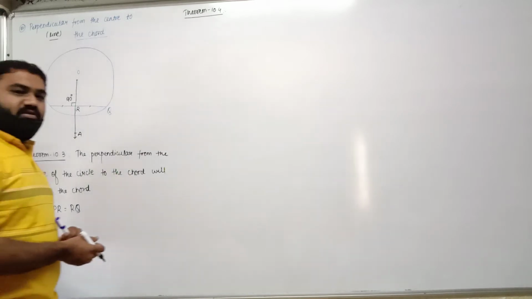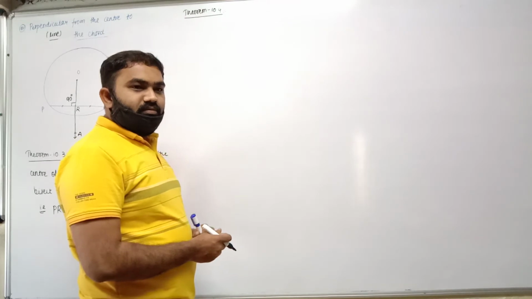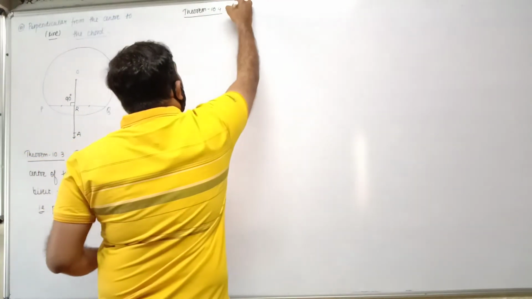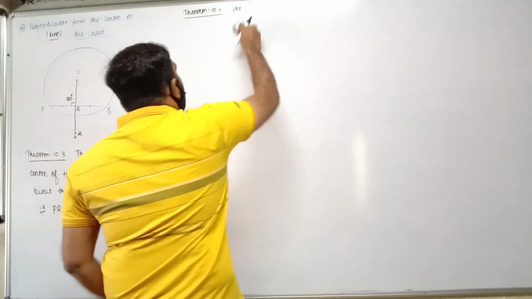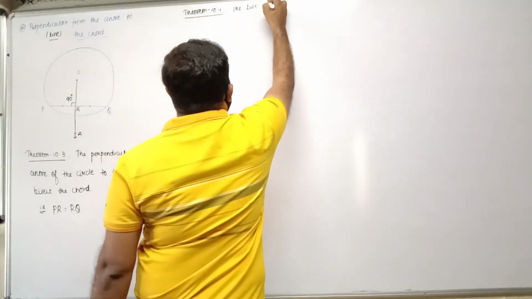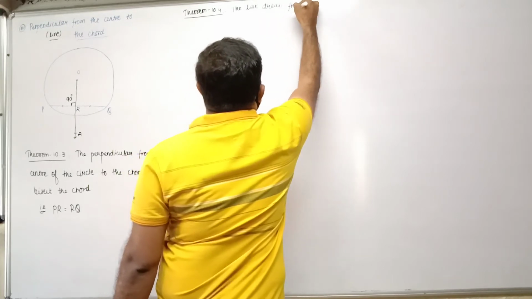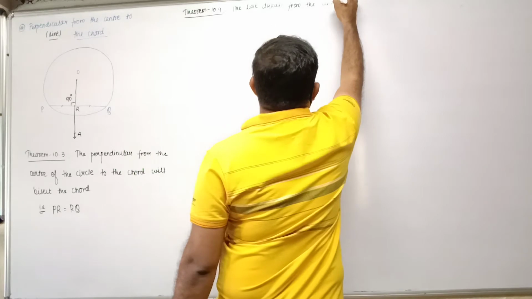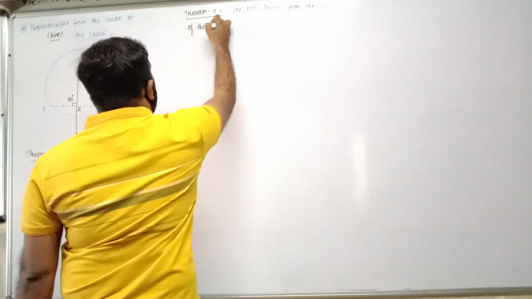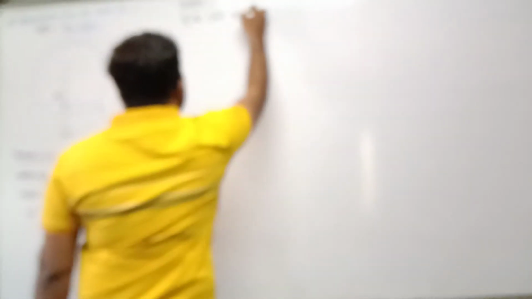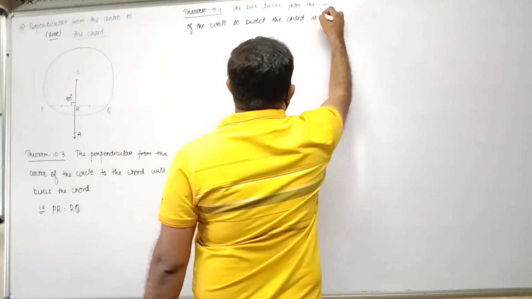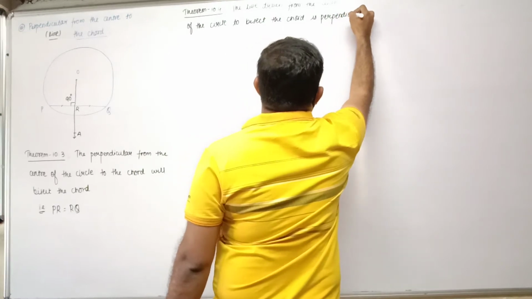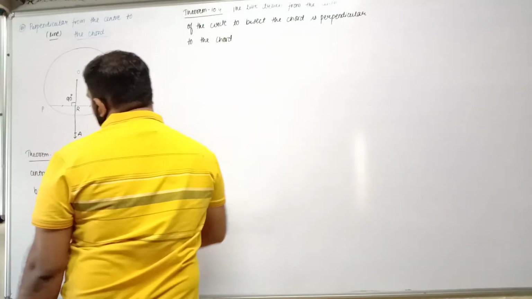Now opposite in meaning means the line drawn from the center of the circle to bisect the chord is perpendicular to the chord, right?